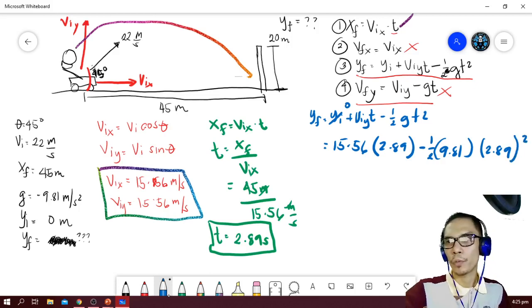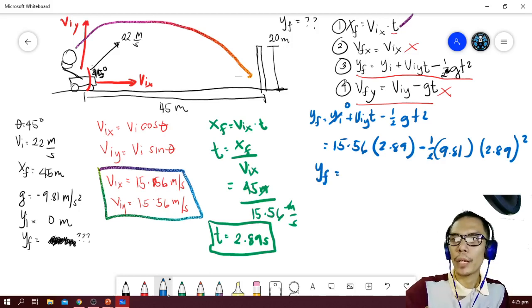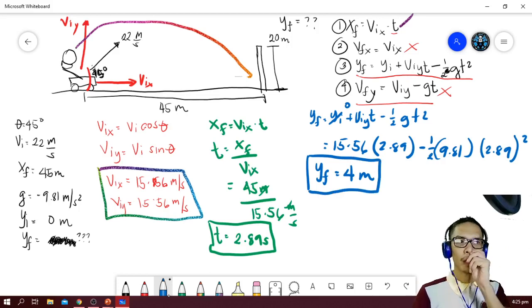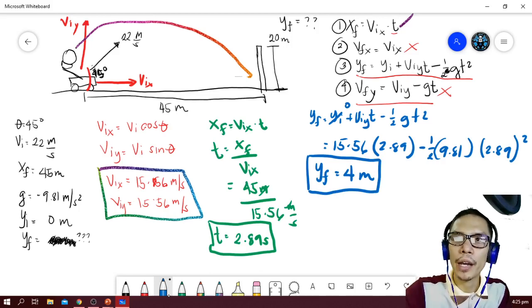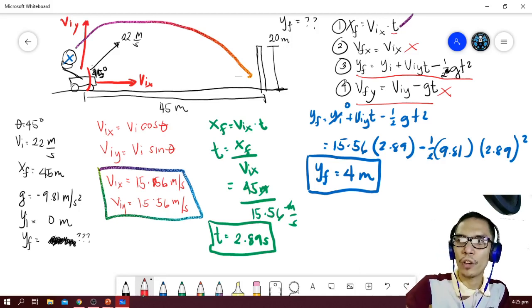If you do the math correctly, you will get a yf of 4 meters. So what does it mean? It means that the rock itself will not make it through the wall because it will only get to 4 meters.